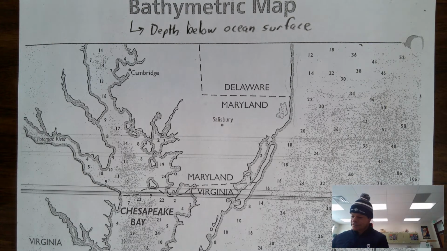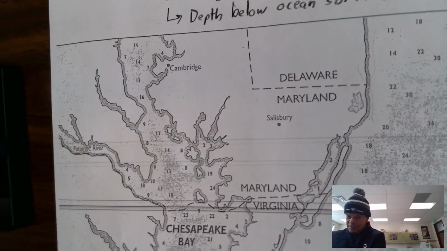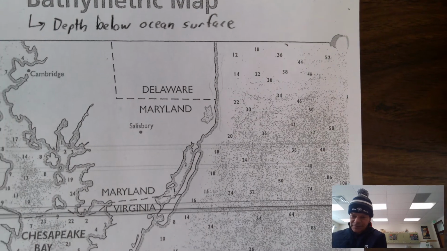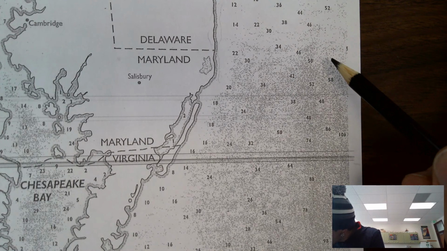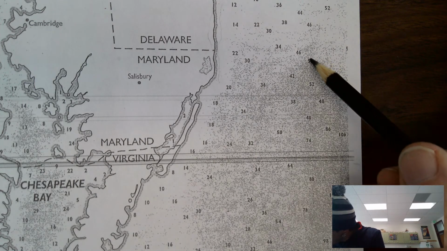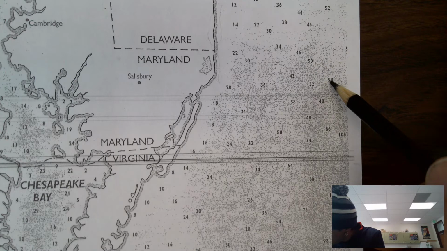If we look at this, we can see that here is a 50, here is a 58. 60 meters down is not going to be between these two.